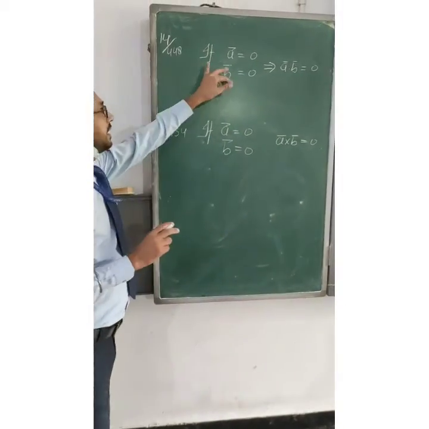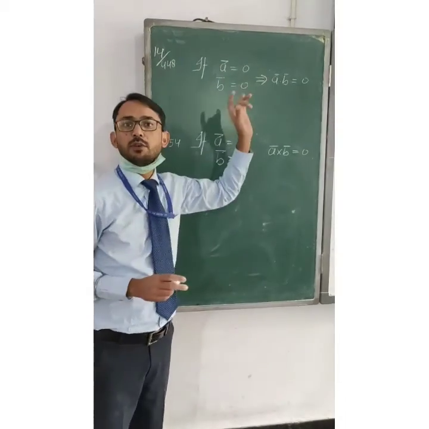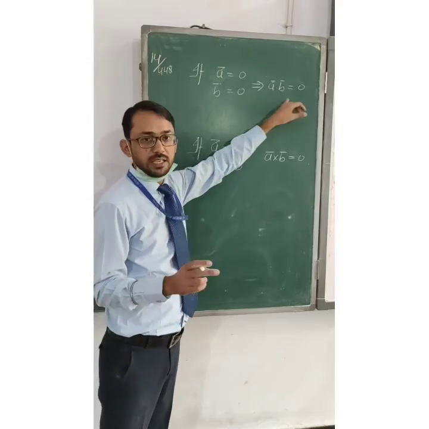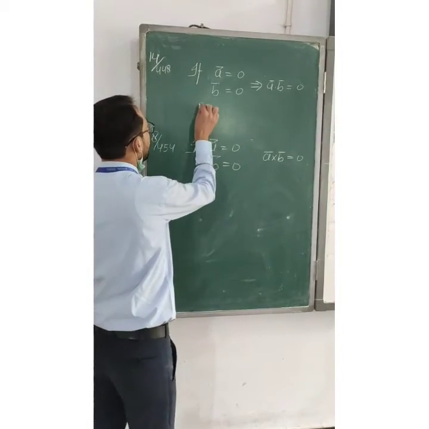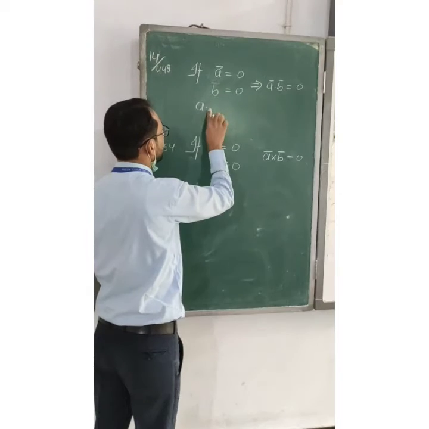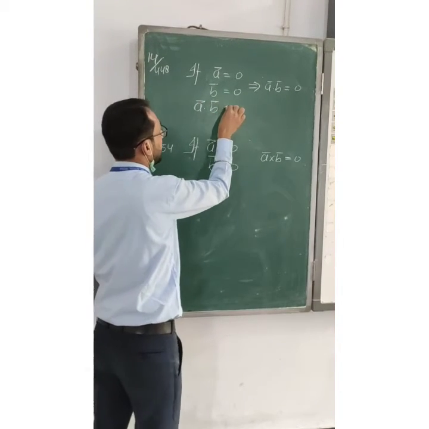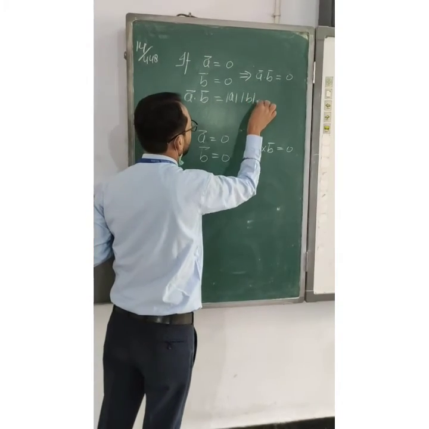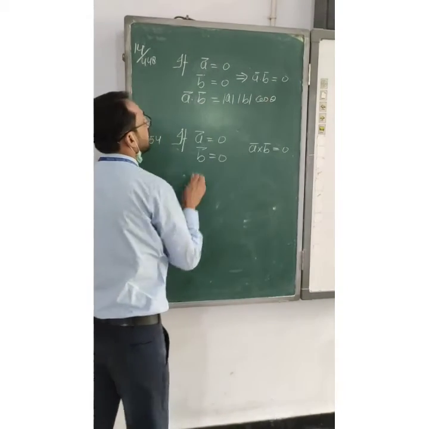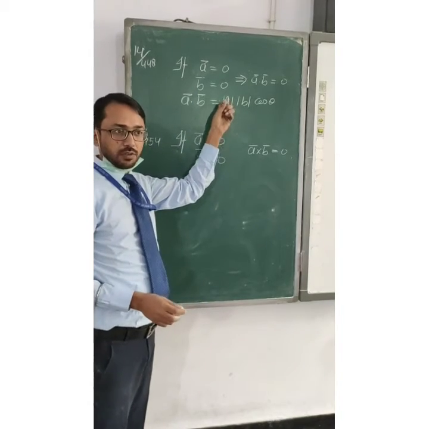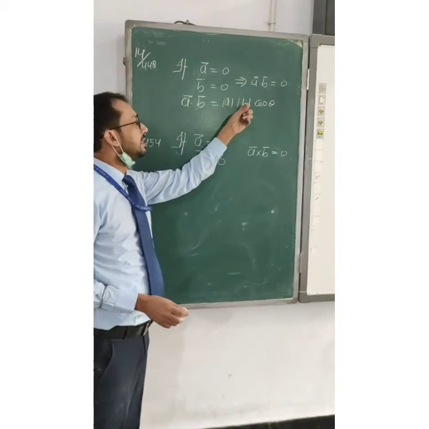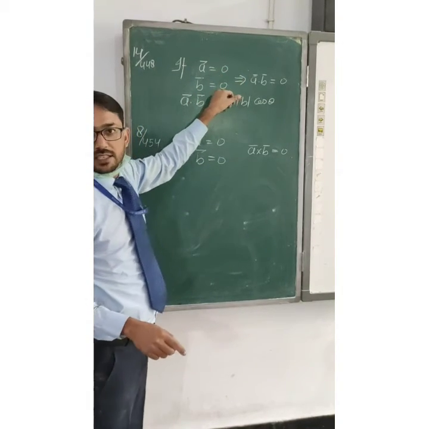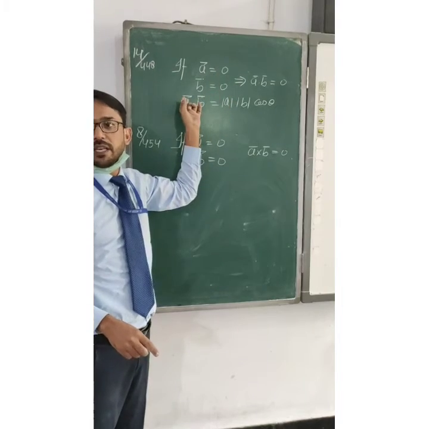See beta, if vector A is equal to 0 or vector B is equal to 0, then A dot B is equal to 0. We know that the scalar product of vector A and vector B is modulus of A, modulus of B, cos theta. If A is 0, then A dot B will be equal to 0. If B is equal to 0, then also A dot B equals 0. It means if A or B, either one or both, is equal to 0, then it will be equal to 0.